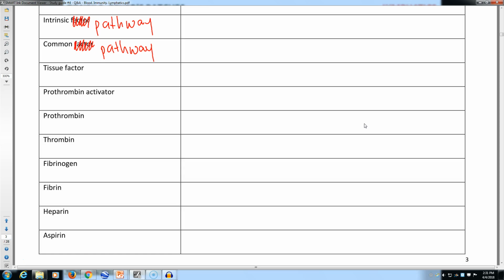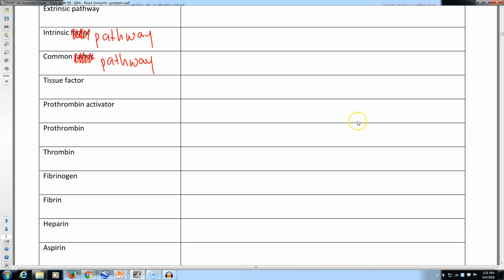However, if you come to me and say, is it correct that prothrombin activator becomes prothrombin? I kind of know what you're talking about. I know that you're referring to the fact that prothrombin activator converts prothrombin into thrombin.